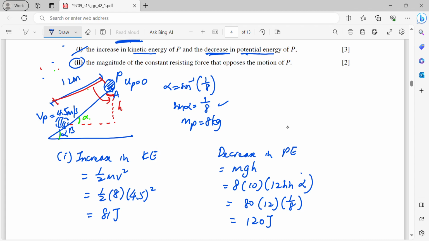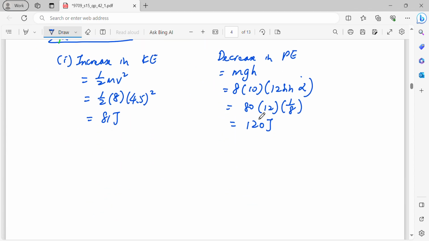Now, second part: the magnitude of the constant resisting force that opposes the motion of P. Now from here, I need to refer to the work energy principle.